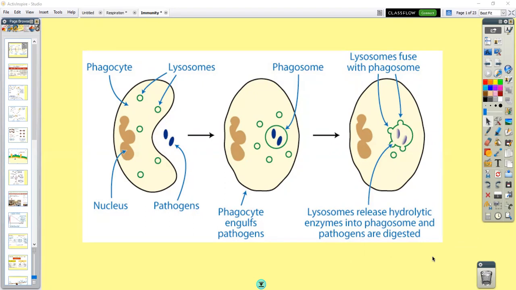And it mentions in the specification things like the skin, which provides a physical barrier to pathogens entering the body. If they do get in, there are enzymes called lysozymes, which you find in tears and saliva and sweat. They're antibacterial and are able to digest the cell walls of bacteria.